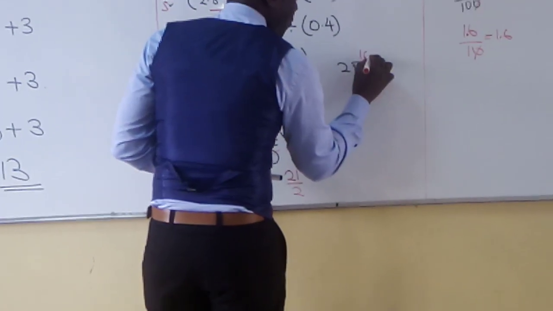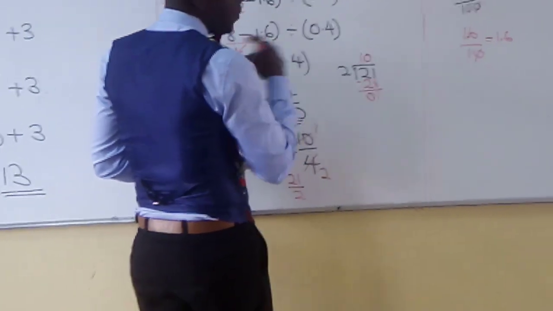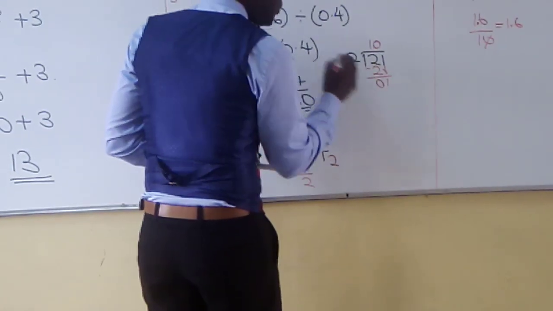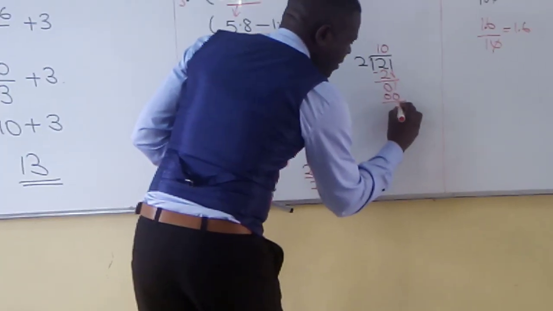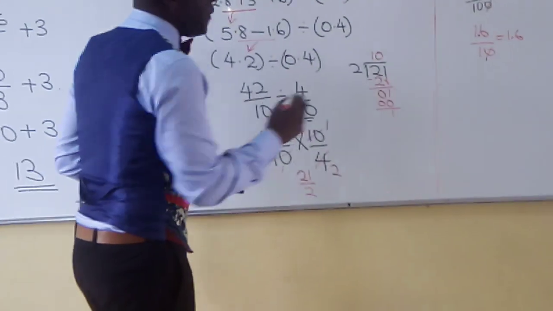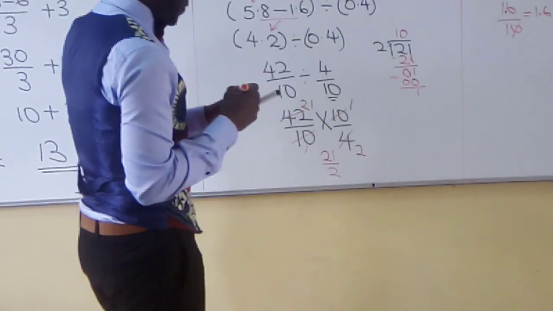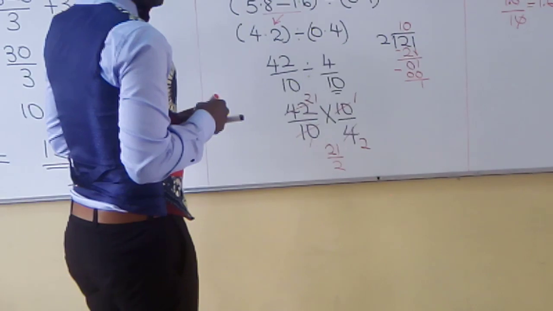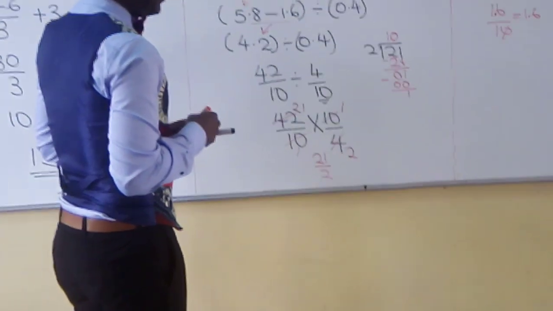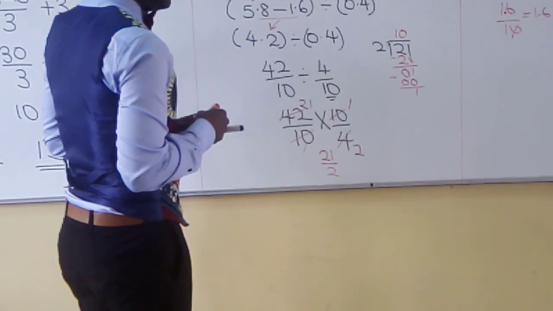It's 0. So 0 times 2 is 0. The difference is 1, boys and girls.